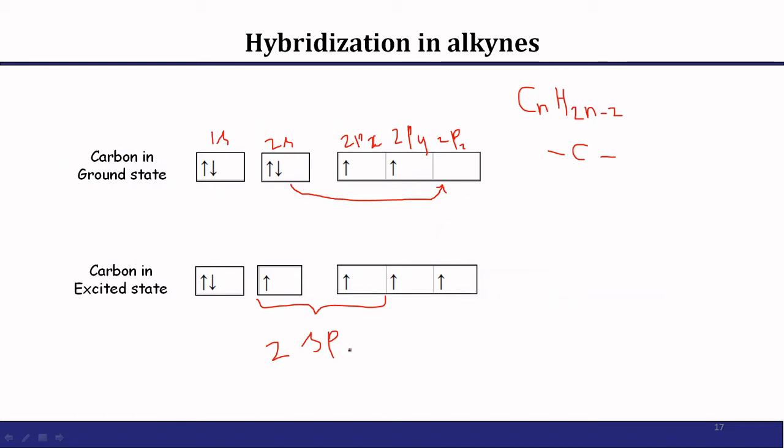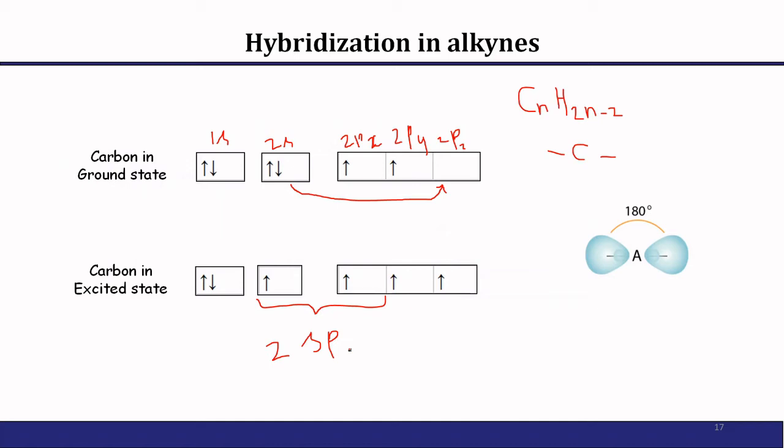And when these hybridized lobes try to lie far away from each other, that leads to a geometry in which the angle between these two lobes is going to be 180 degrees.